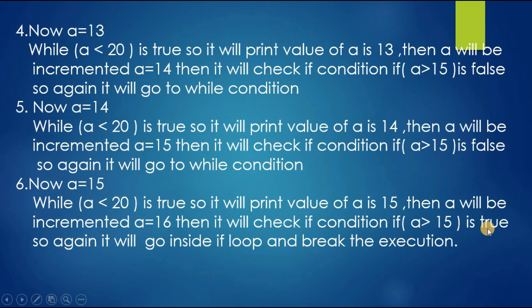After the condition is true, it will go inside the if block, and inside the if block we have the break statement, so it will stop the execution and we will get the numbers 10, 11, 12, 13, 14 and 15. This is how the program executes.